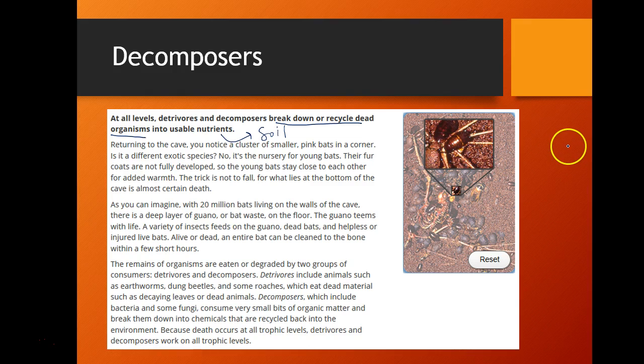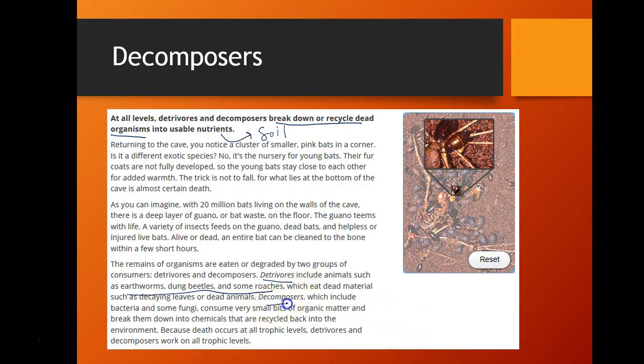Because they don't have any means of protecting or defending themselves, because they're not able to just yet, decomposers and detritivores will come in and break down either the dying bats or the dead bats. Detritivores are animals such as earthworms, dung beetles, and some roaches, and they eat dead material such as decaying leaves or dead animals.